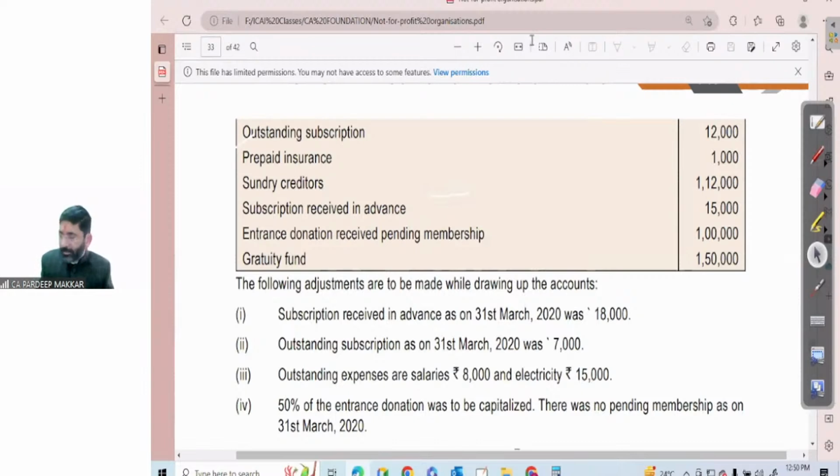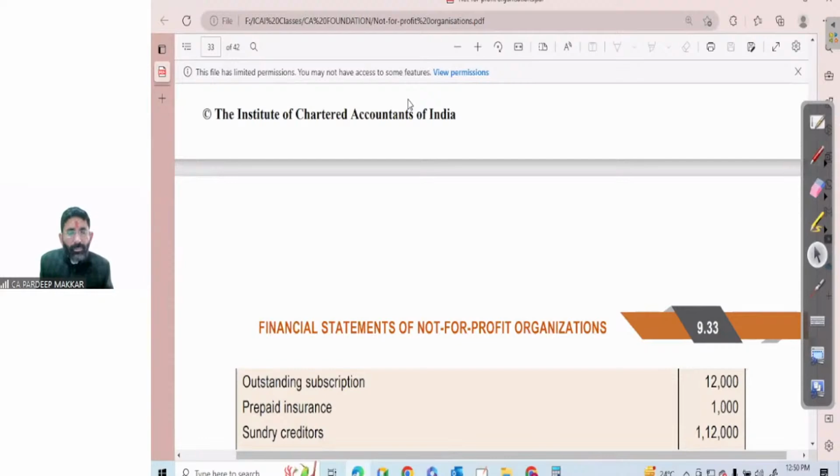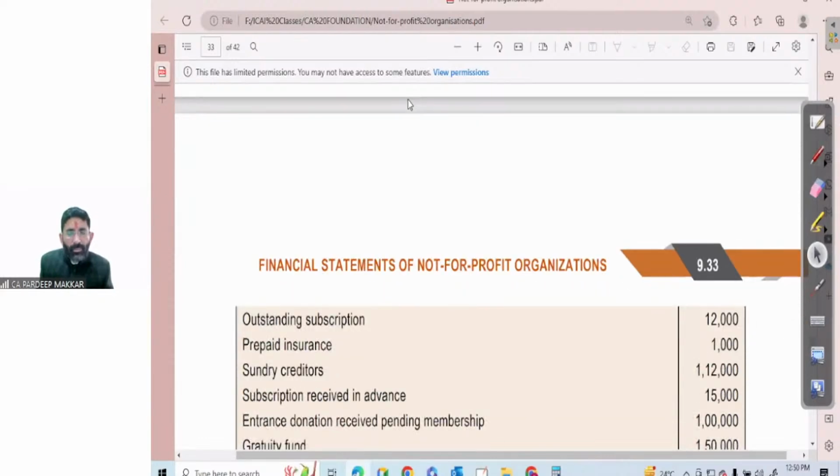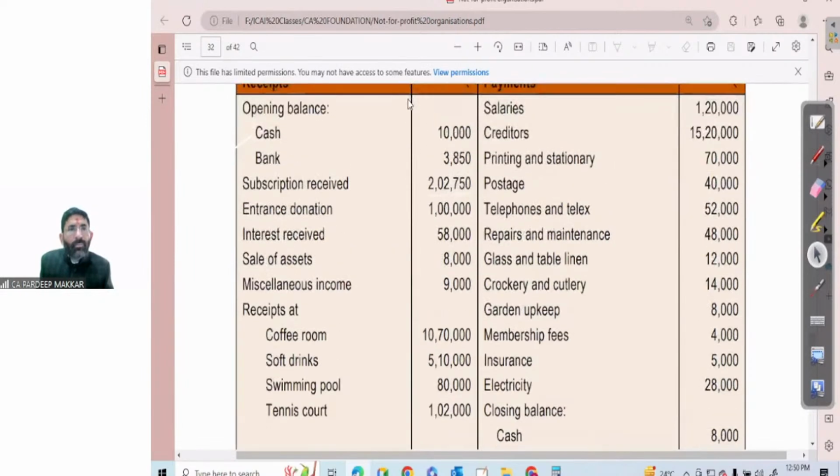Next, after recording subscription, we have to go for entrance donation, which is 1 lakh given to you.